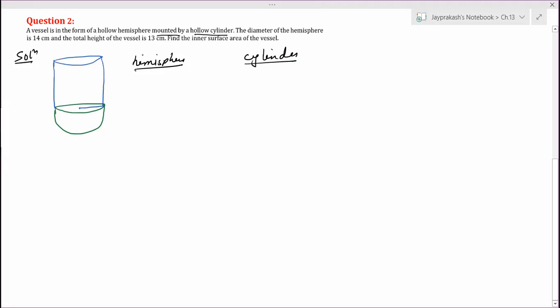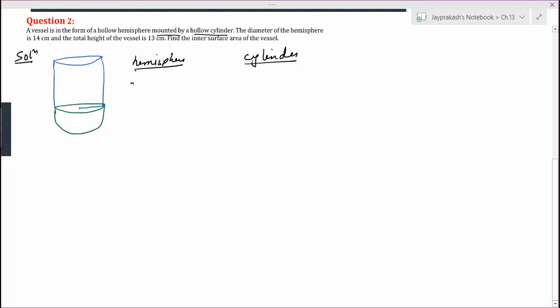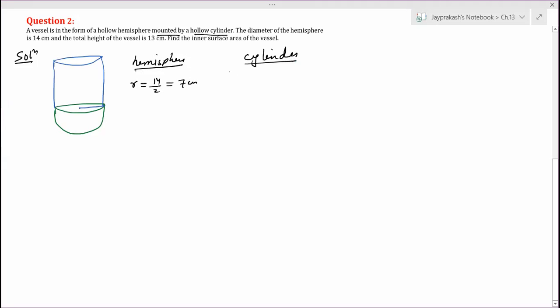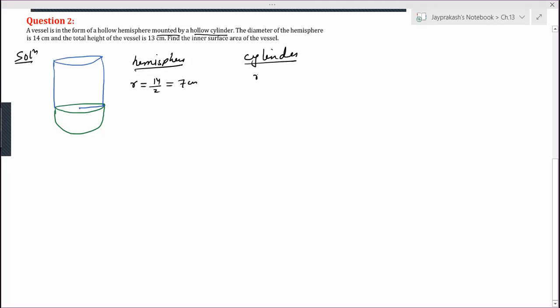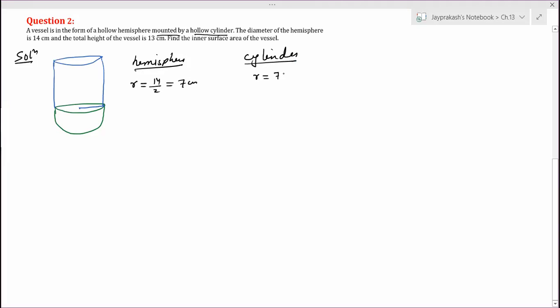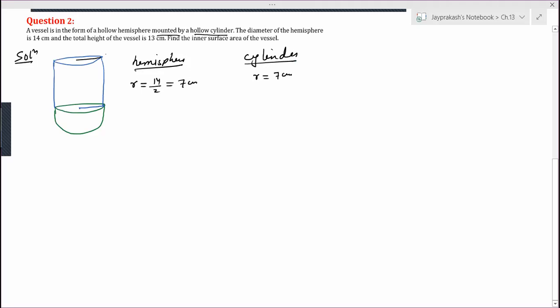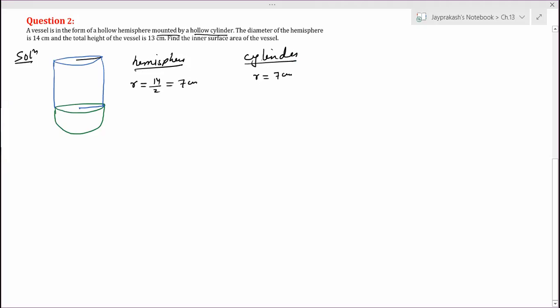The diameter is 14 centimeters, so the radius of the hemisphere is 14 by 2, which is 7 centimeter. The radius of the hemisphere and the radius of the cylinder are the same, so that's why we are using R.